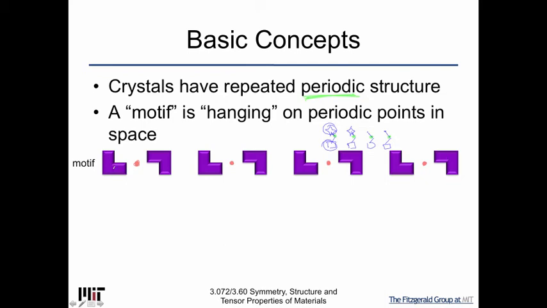So here's one, and you can see it's rotated and it's on the other side. And so we have this thing hanging on each dot. And so the motif here are the two purple objects. That's the motif that's hanging on the periodic structure here, which is, let's say, some lattice constant A, right, in a one-dimensional system.